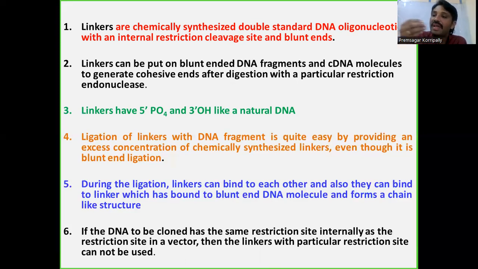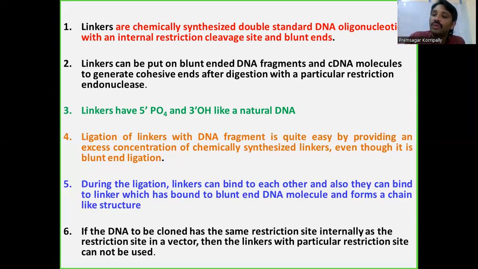Because after ligation of the linker to the blunt-end molecule, when you subject it to restriction digestion, the enzyme creates cohesive ends in the linker as well as the blunt-end DNA molecule. So when you are selecting the linker molecule, you have to choose a restriction site which is not present in the blunt-end DNA molecule.